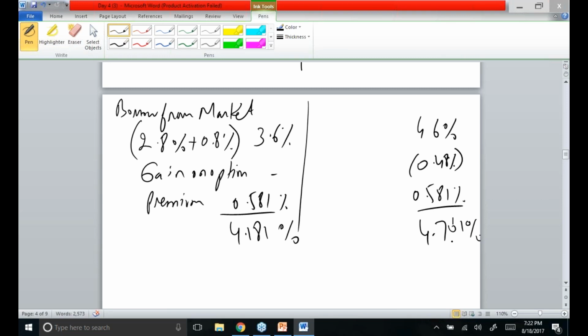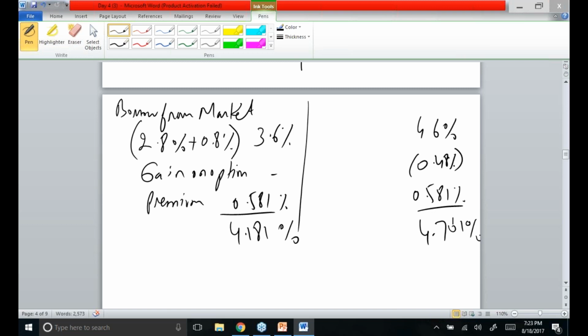Maximum you will pay 4.7, minimum you will pay 4.18. What is the benefit of option? In option, your maximum cost has been locked at 4.7%. But if interest rates go down, you can take the advantage of favorable market and interest rate will be as low as 4.18%.